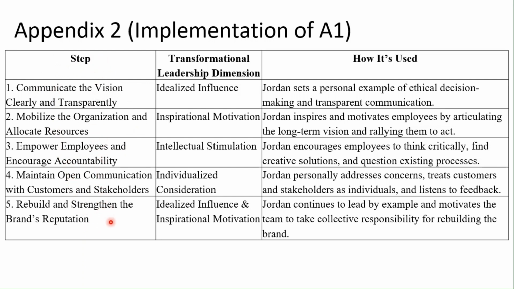You can take these steps only if the protagonist, who is Jordan here, adopts transformational leadership style. So each of the dimension of transformational leadership style matches with these steps, right? So it is important for Lisa to adopt transformational leadership style. Now, question might be asked specific from a particular course.